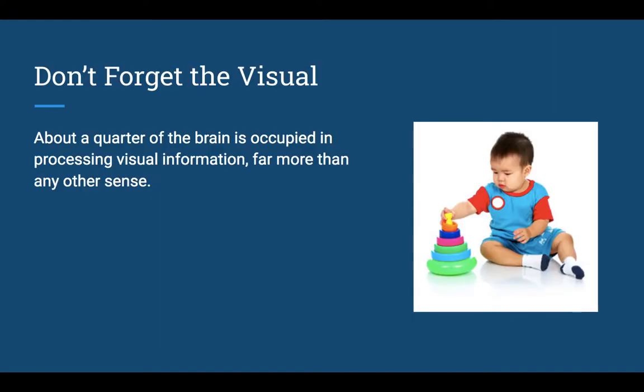One thing I want to point out is that a lot of times we're reading teachers, and we go right to the text. I want you to think about the fact that about a quarter of the brain is occupied in processing visual information, far more than any other sense. We are constantly bringing in visual information and constantly making meaning out of it.